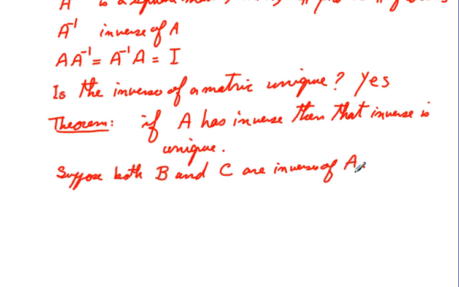It can't be one guy finds one thing, another guy finds something else. So suppose B and C are both of them inverses of A. Then we are assured that these two have to be the same thing. So that clears out the situation. Any two inverses have to be identical.